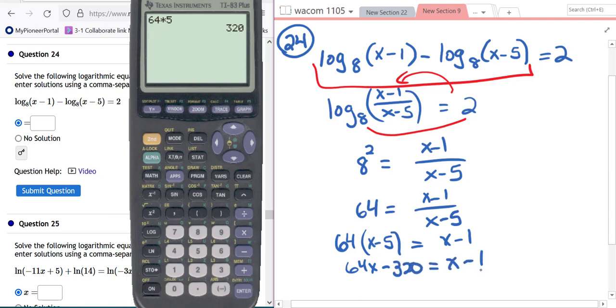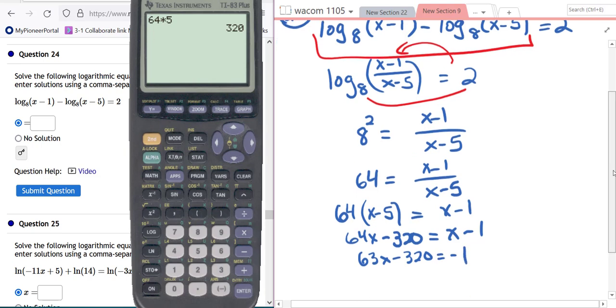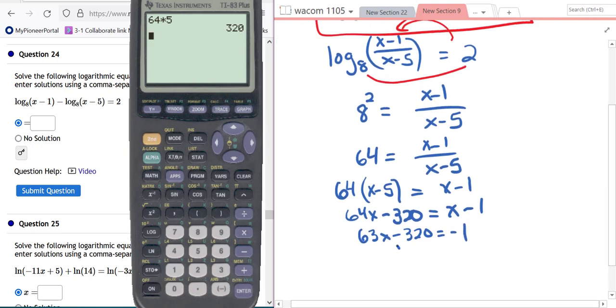All right, subtract an x from both sides, so I have 63x minus 320 equals negative 1. And you're going to add your 320. So 63x equals 319, so x is 319 divided by 63.